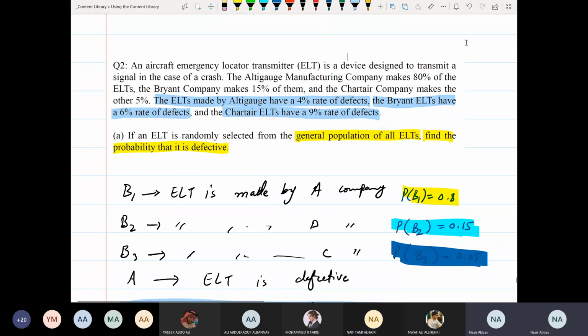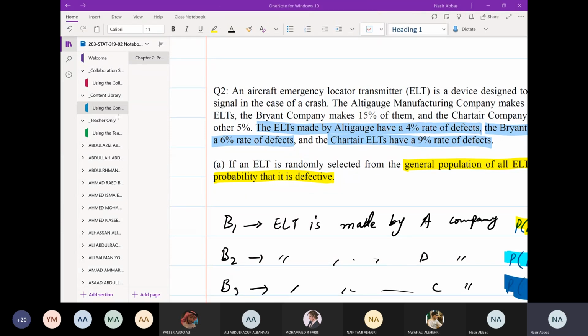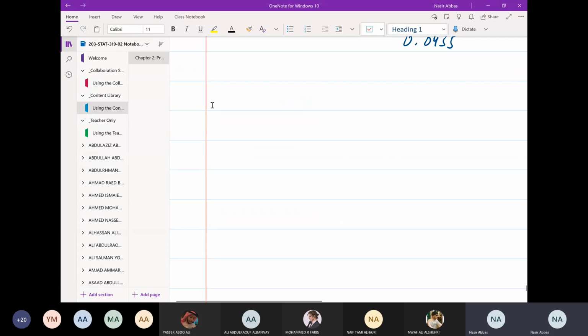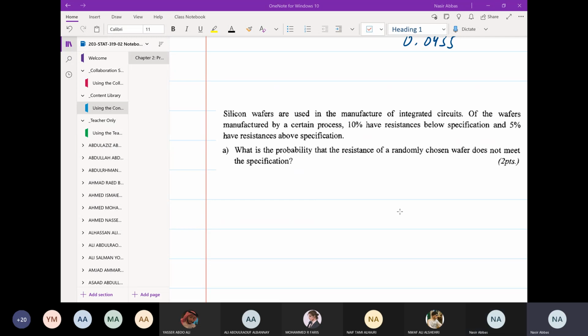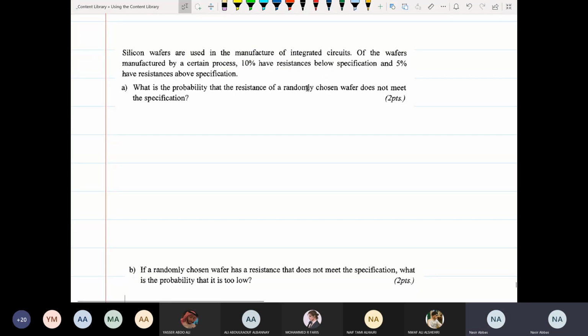Let us move on to the next question quickly. Again, we will read the question and try to highlight the important information.